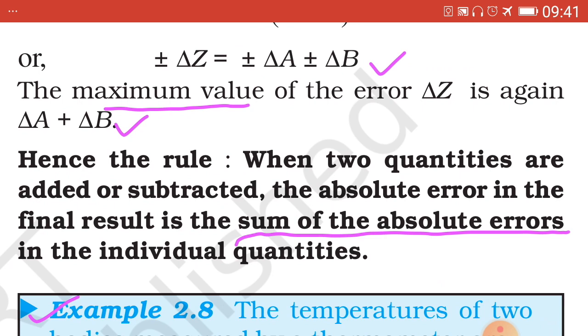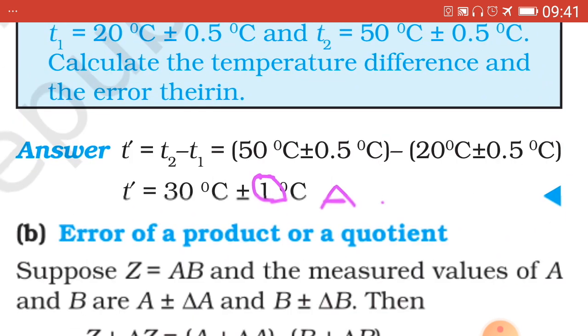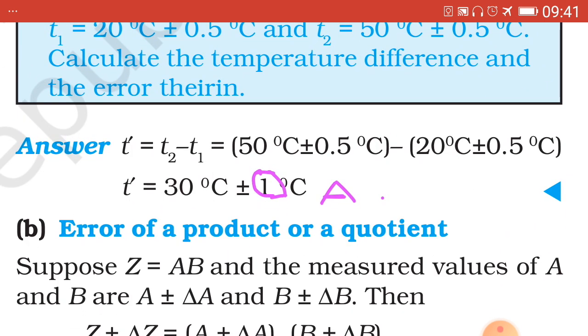Now for illustrated sums we take the first one, example 2.8, which you refer. It can be asked for 1 or 2 marks.